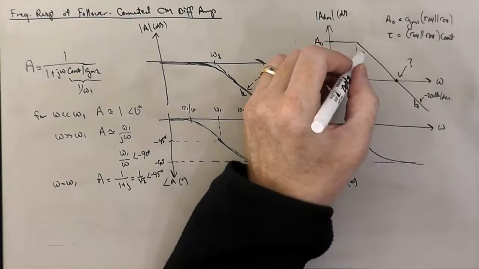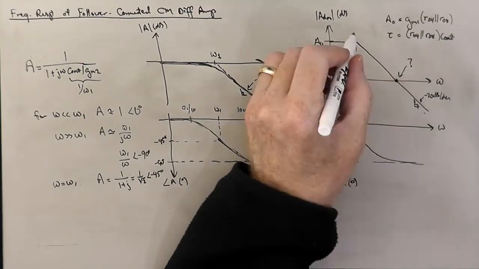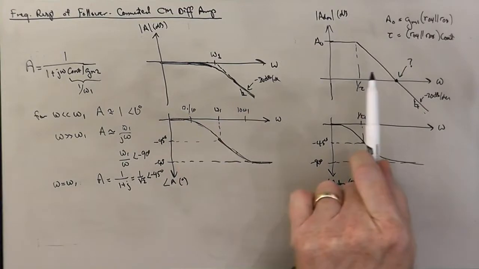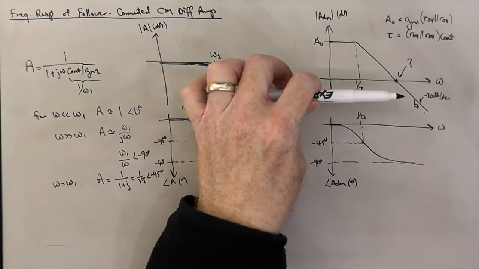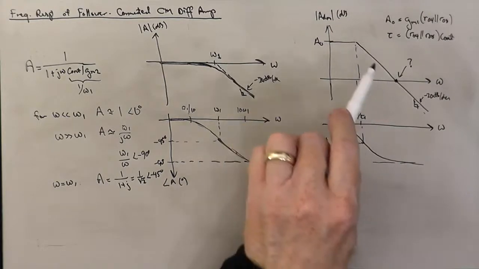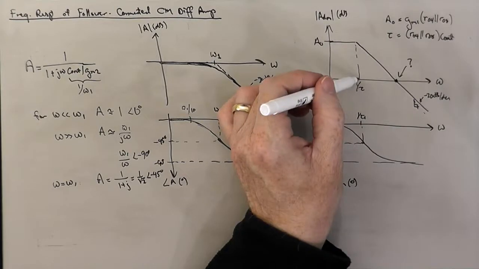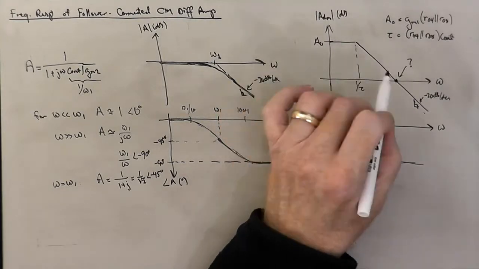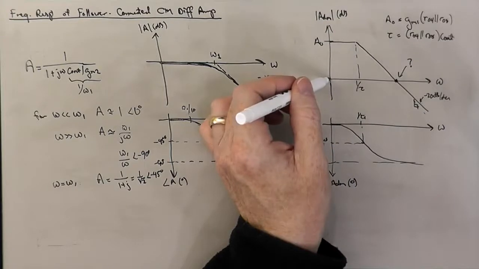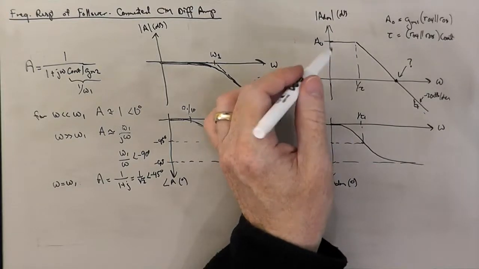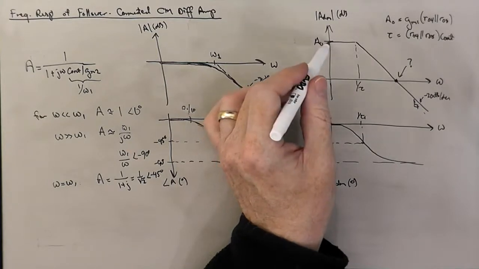Well, this line with a slope of minus 20 dB per decade means that for every decade change in gain, we have a decade change in frequency. And so the ratio between the gain here and the gain here is A0 to 1. This is the 0 dB line, this is A0.